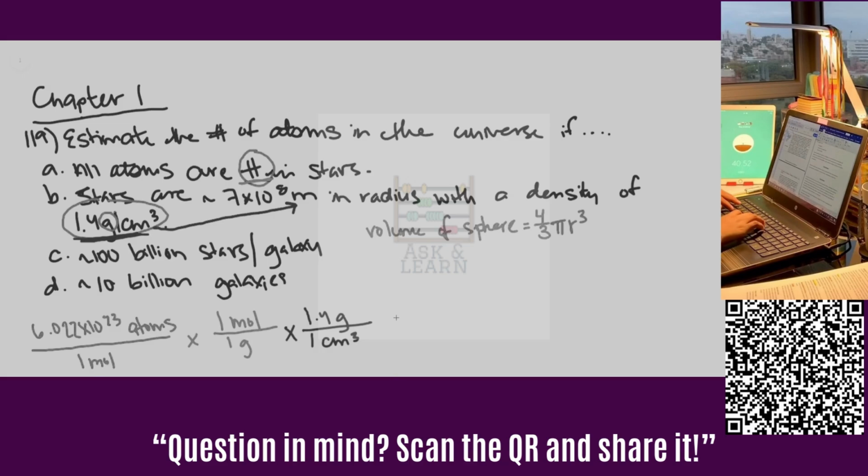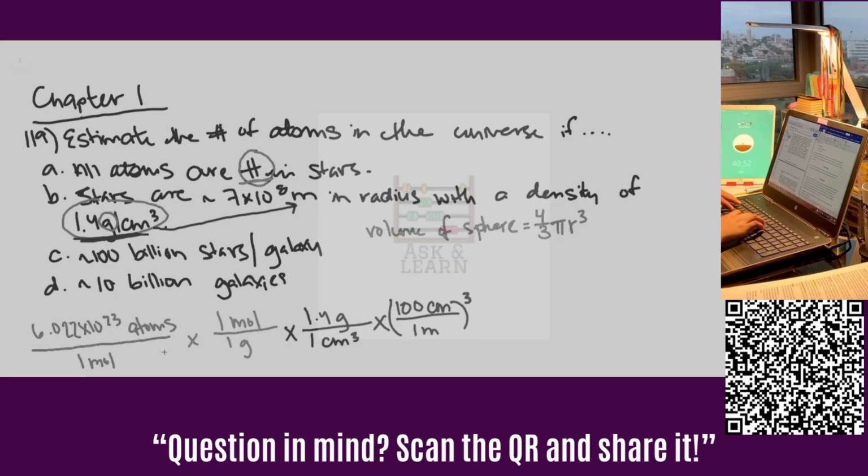Thinking about conversions in the metric system, we know that there are 100 centimeters in each meter, and then in order to get these units to cancel out, we have to cube this.